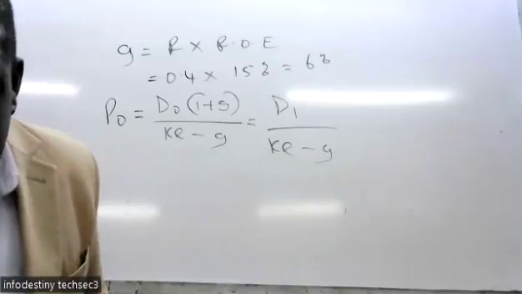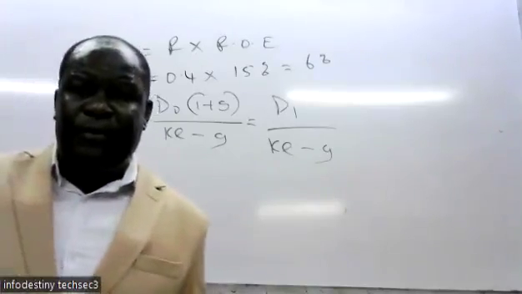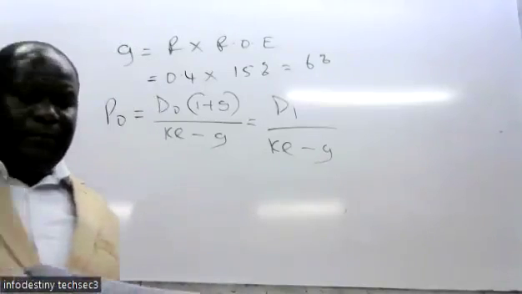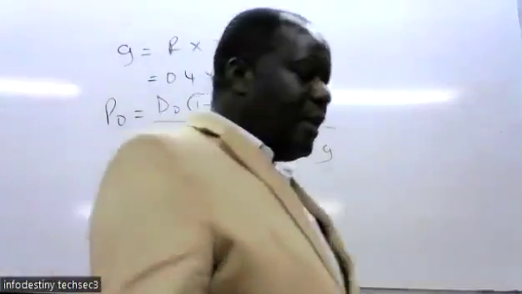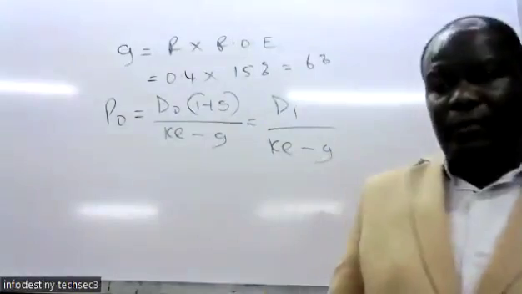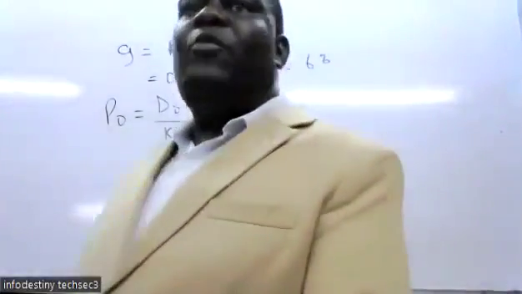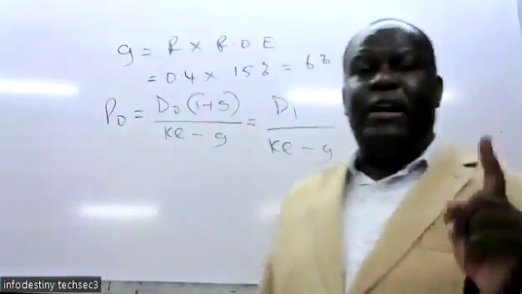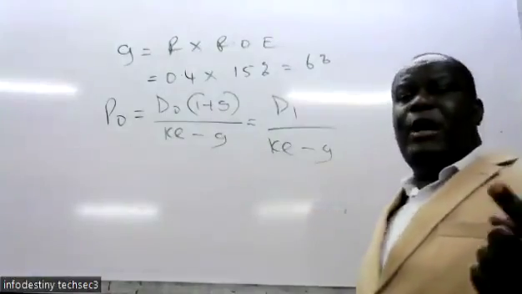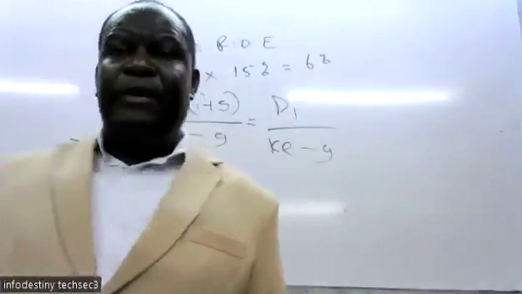Are you able to see in the first paragraph what it is? The company expects to pay a dividend of 5.40 per share in 1 year's time. So they have given us D1, because D1 is the next dividend to be paid.